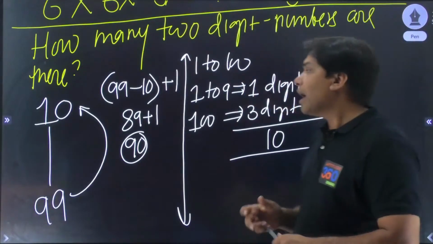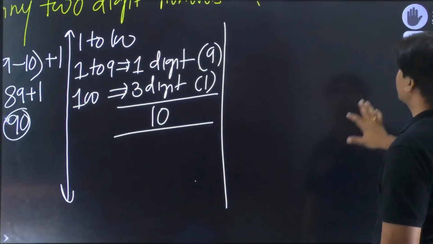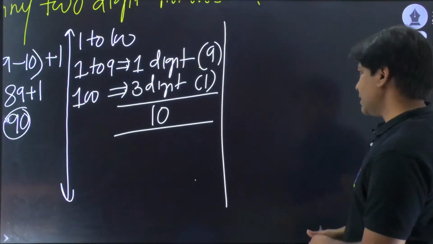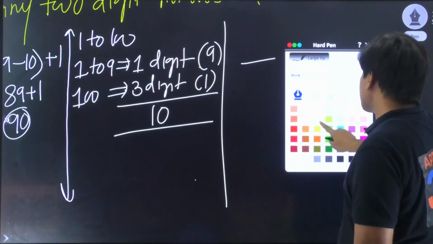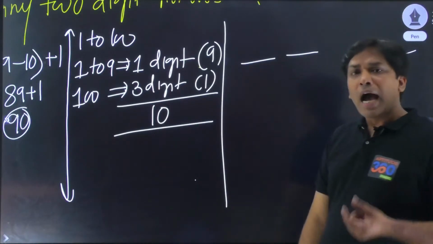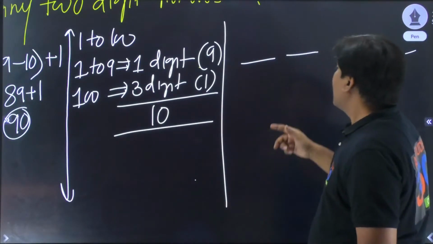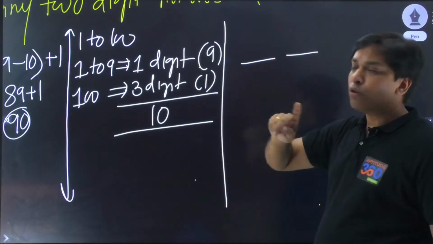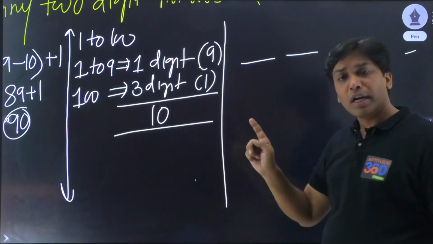We can do that. And how do we do that? Understand this. I say that, okay, I have got to find a 2-digit number. And what is the only condition here when it is a 2-digit number? This cannot be 0. The moment the digit at the 10th place becomes 0, it becomes a 1-digit number.